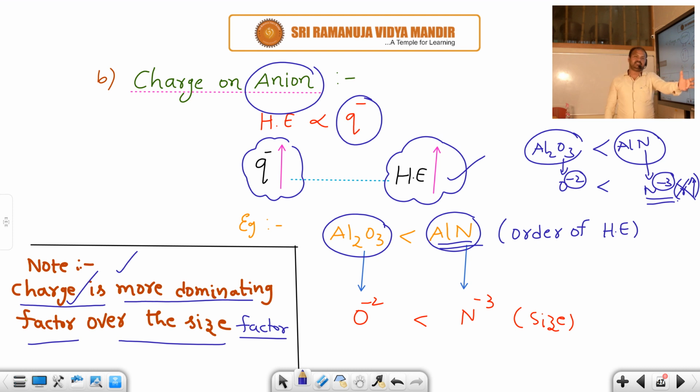Otherwise, if you take the radius factor, Al2O3 would have more hydration energy. But you should observe the note: charge is a more dominating factor over the size factor. Then we can easily identify that aluminum nitride has more hydration energy, because the charge is more. The nitride ion has more charge. Okay students.